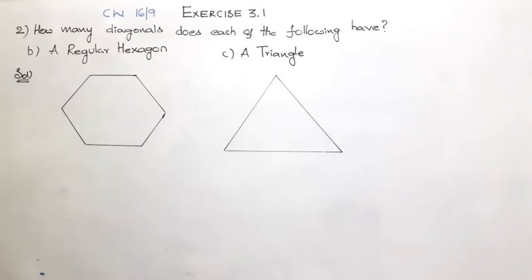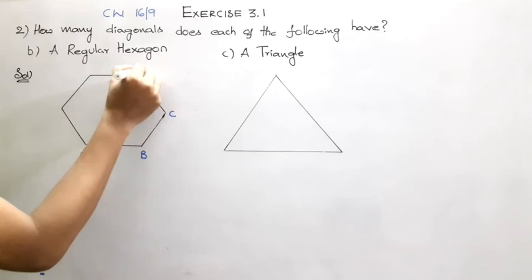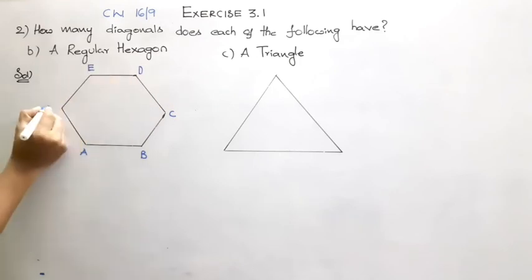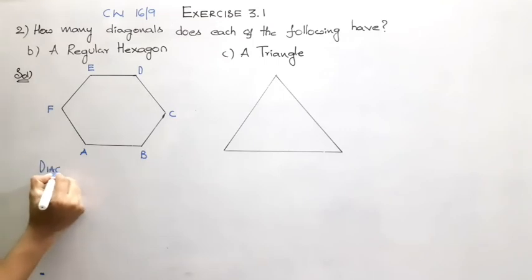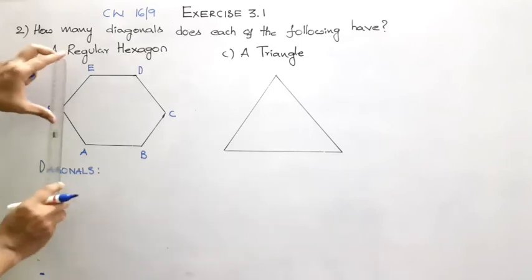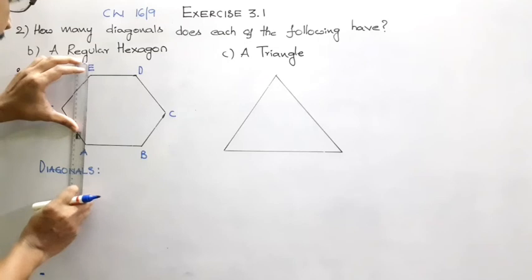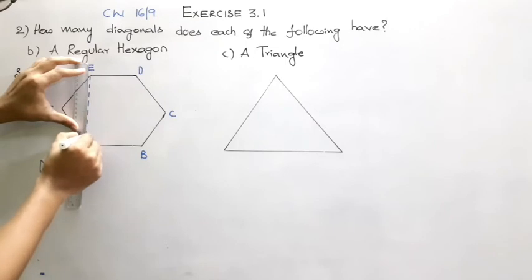Now, let us mark the vertices as A, B, C, D, E, F. And being a figure which carries more vertices, let us write the diagonals individually so that we can get the exact count. Let us start with A. As you know, a diagonal is the line segment which joins the opposite vertices.